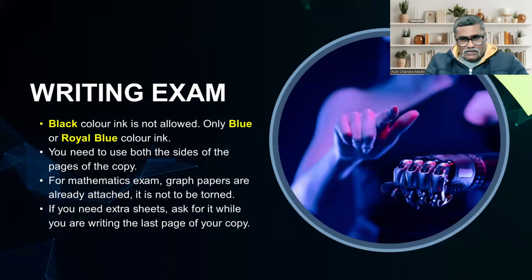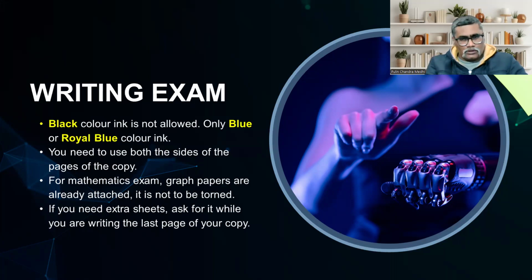Then the writing part of the exam is 10:30 to 12:30 in case of a 2 hour paper and 10:30 to 1:30 in case of a 3 hour paper. Black color ink is strictly prohibited. It is not allowed at all. It is in the code of conduct of the exam by CBSE.